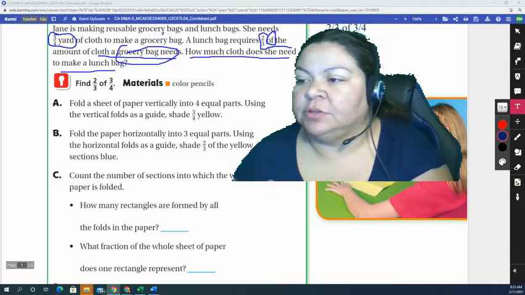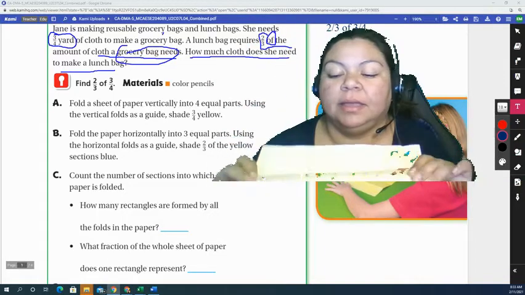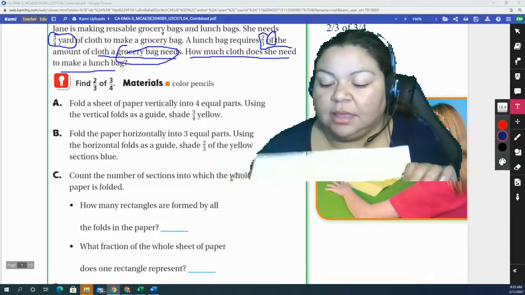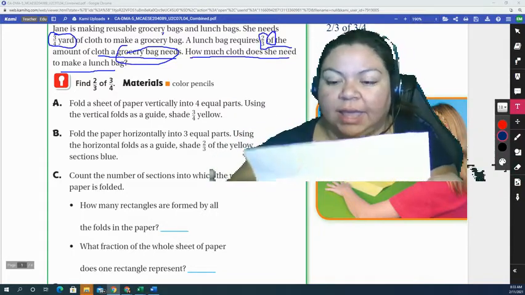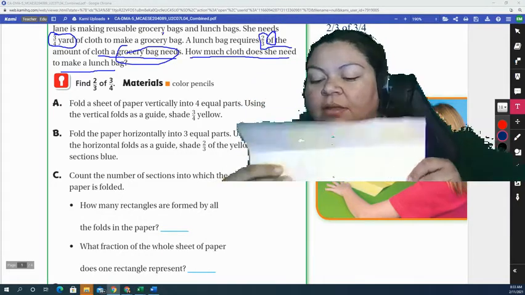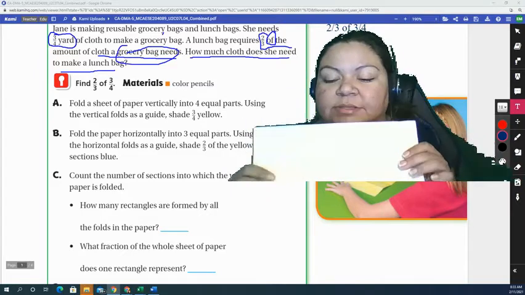Okay, so now my paper looks like this. I have 2 colored this way, and I have 3 colored this way, so that I'm showing 2/3 by 3/4.